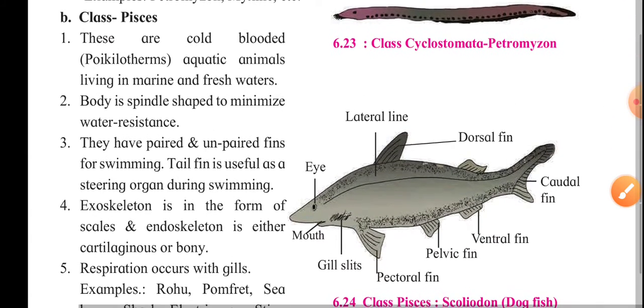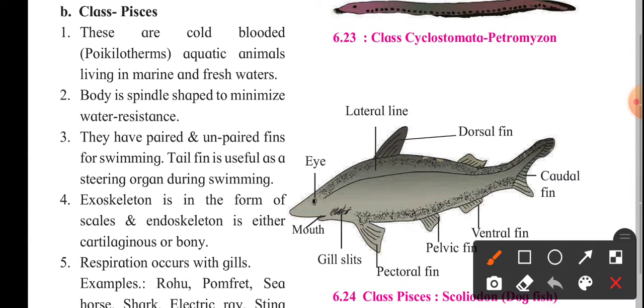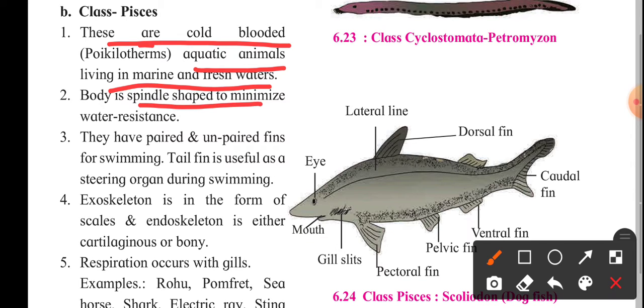The next class we have to discuss is Pisces. These are cold-blooded aquatic animals living in marine and fresh waters. The body is spindle-shaped to minimize water resistance. They have paired and unpaired fins for swimming.